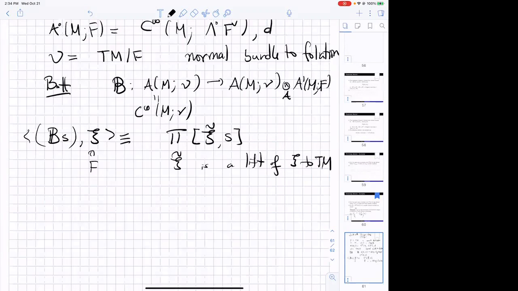So you lift it to a full vector field. You take the bracket, and then you project back down to nu. Pi maps TM to nu.